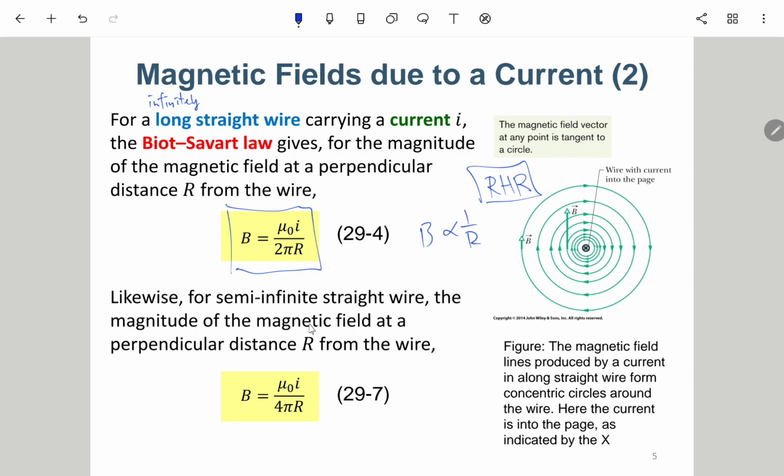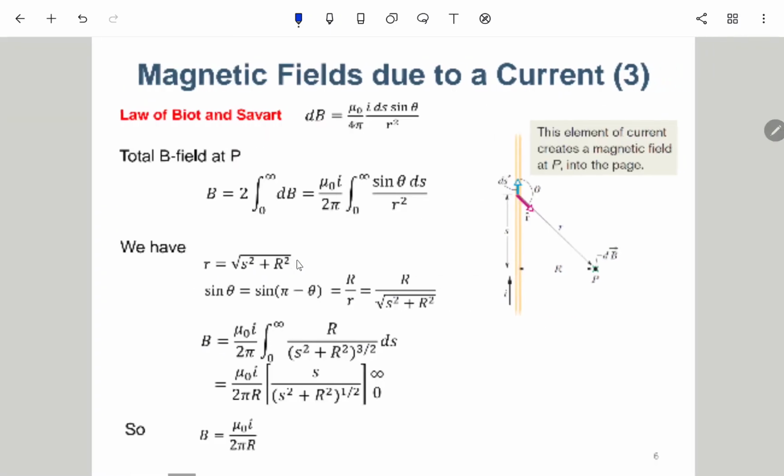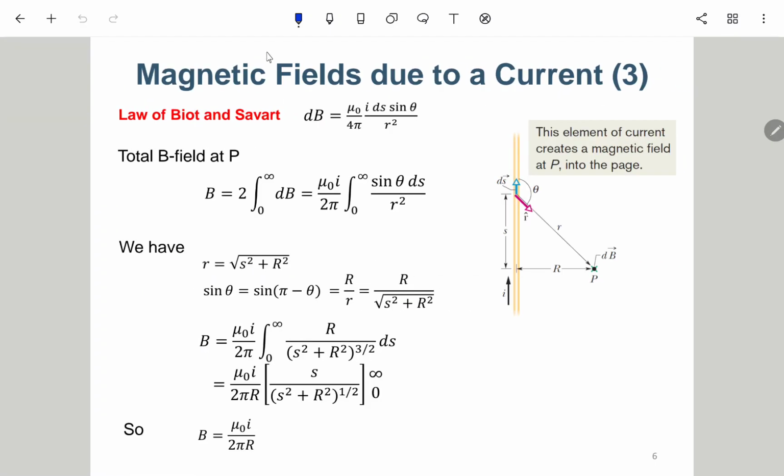The magnitude of the magnetic field at the perpendicular distance out from the wire is just half of this one. In the next page we will show how we can derive this one using the integral.